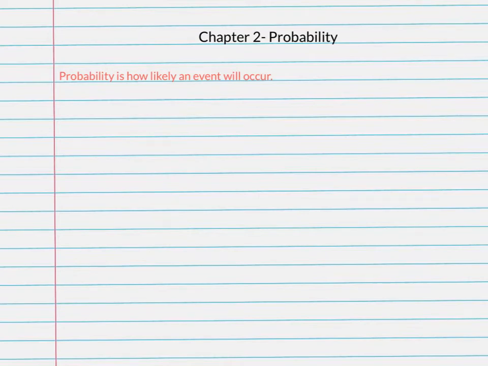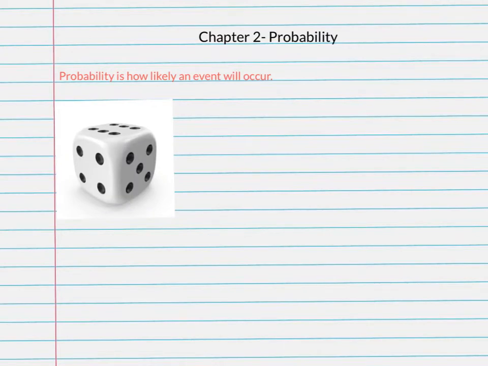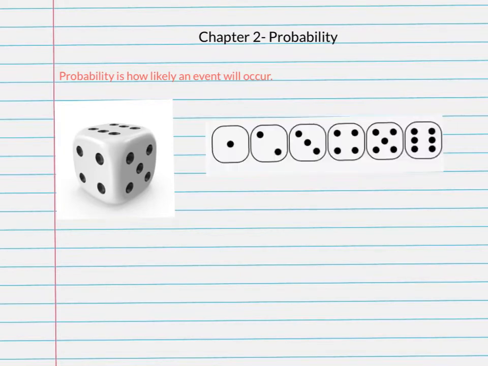Let's take an example. Let's say I have a dice. The event here is rolling the dice. When you roll a dice, what are the results or what are the possibilities that you are going to get? In mathematics, we call the results outcomes. So upon throwing the dice or rolling the dice, it's possible that I'm gonna get either number 1 or number 2 or 3 or 4 or 5 or 6.